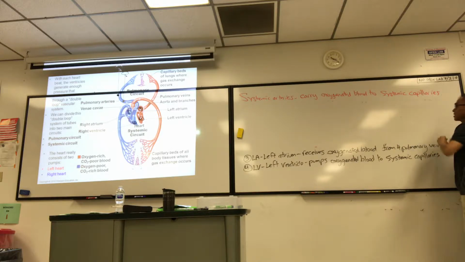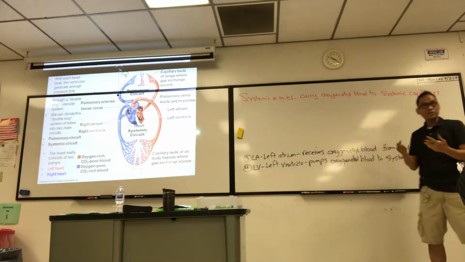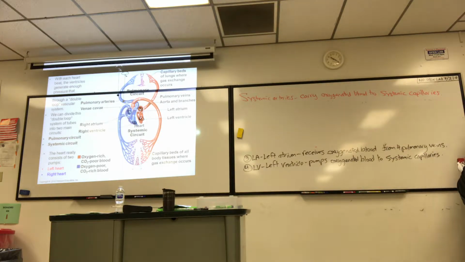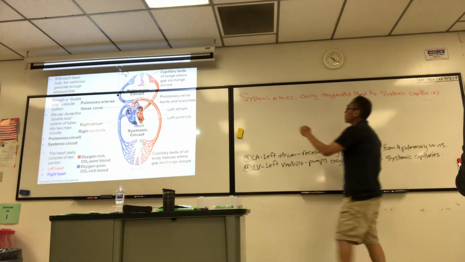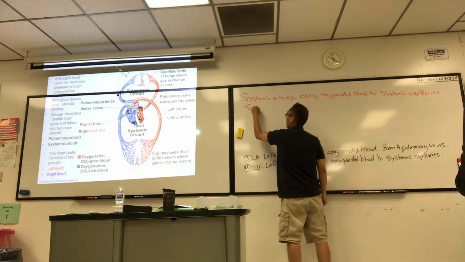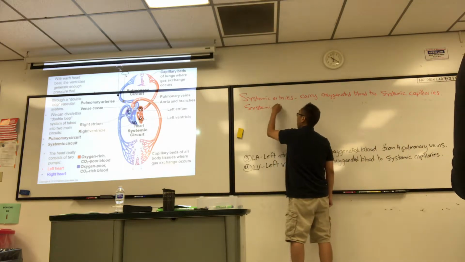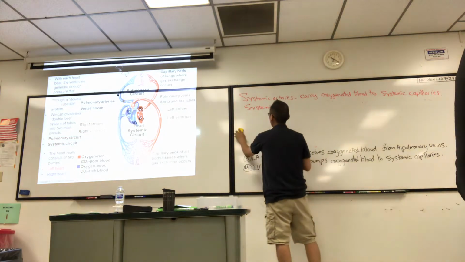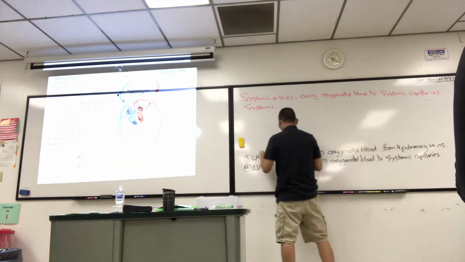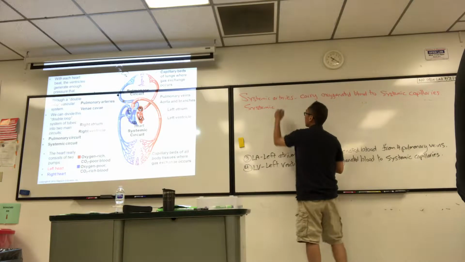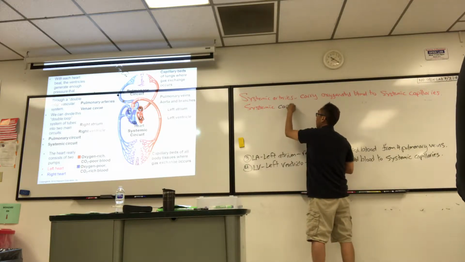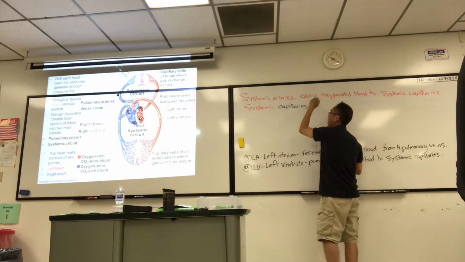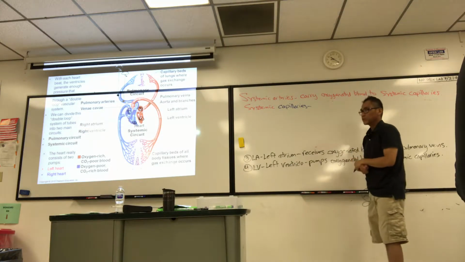When blood gets to the systemic capillaries, again, you have gas exchange. Now blood will drop off the O2. O2 is just flowing down this concentration gradient. I'll draw systemic capillaries, half red, half blue. I'll just say drop off O2.